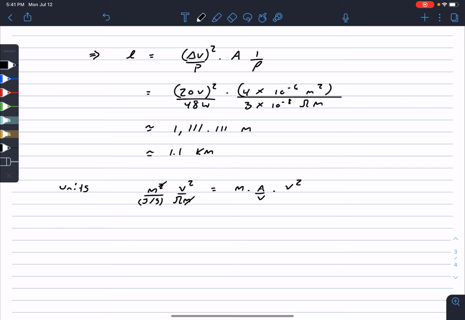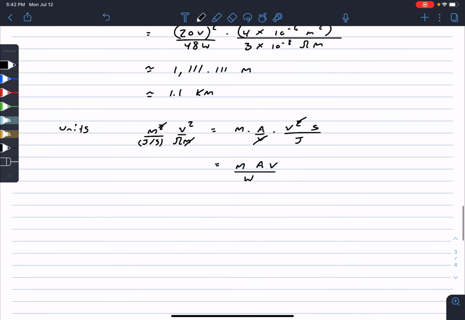Volts squared, seconds, because we had joules seconds. So now we have meters times amps times volts over this. Joules per second is still a watt, because now we can translate our volt into watts per ampere. And that's going to cancel, cancel, cancel, cancel, and that gives us units of meters, which is what we wanted. So that's good.